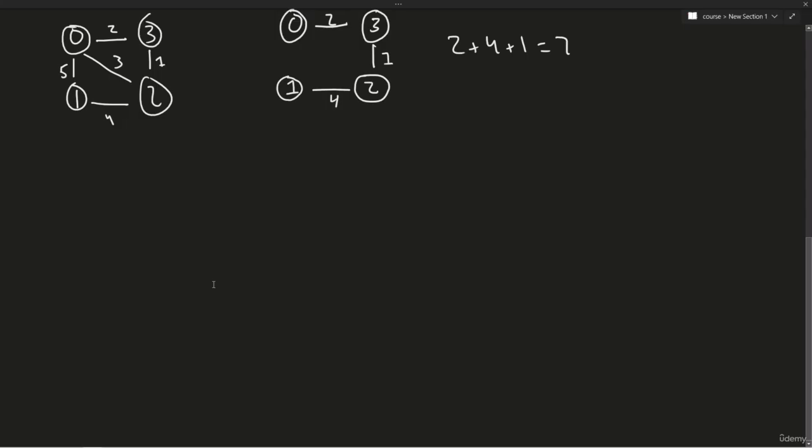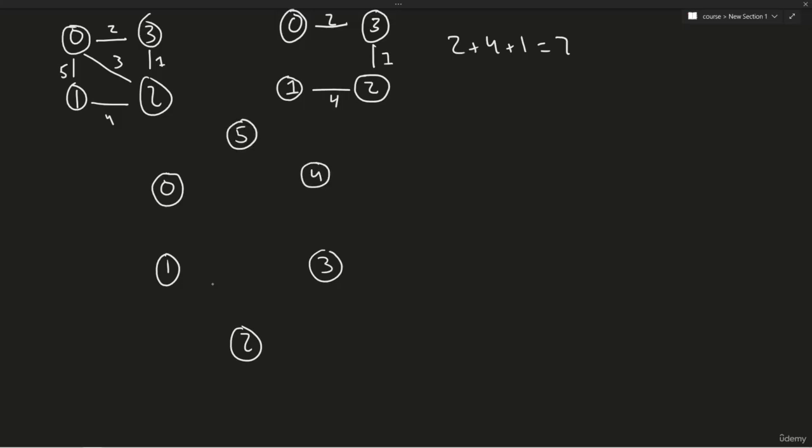And so now we can create a slightly more complex graph where we can say 0, 1, 2, 3, 4, and 5.